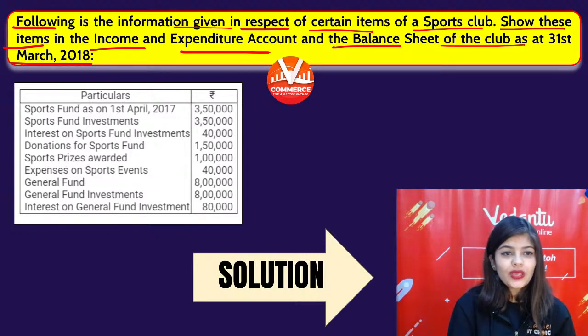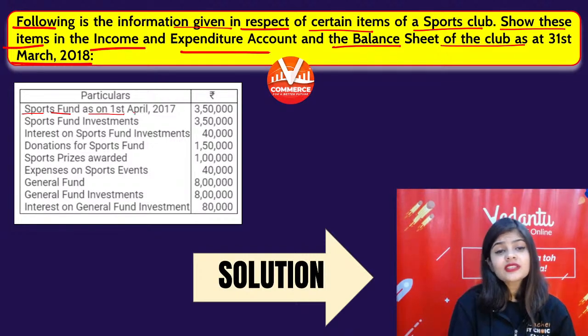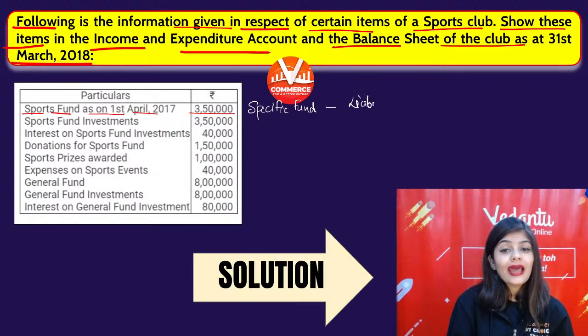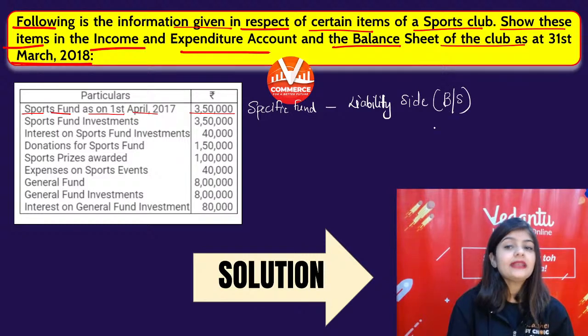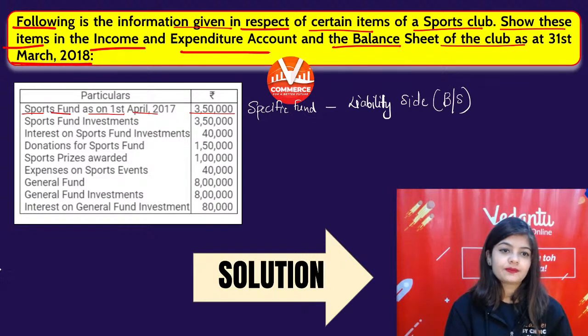So first we have sports fund as on 1st April 2017. Sports fund is a specific fund and therefore it will be recorded on the liability side of the balance sheet.